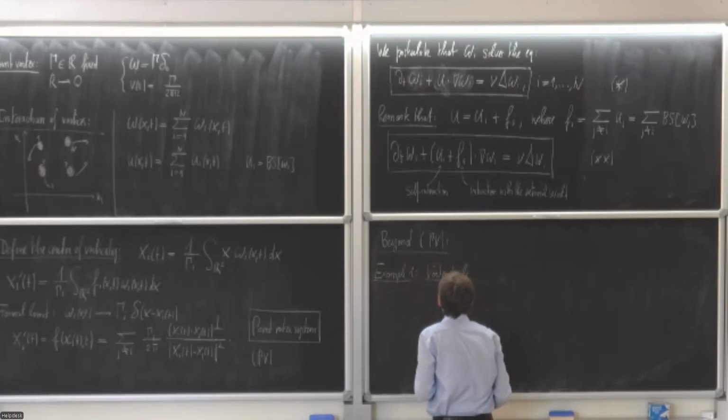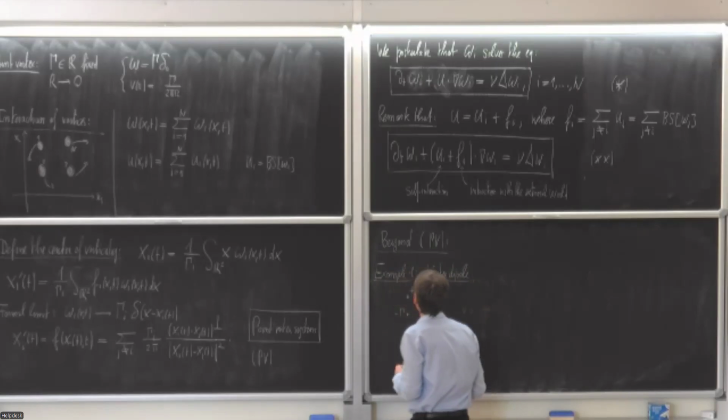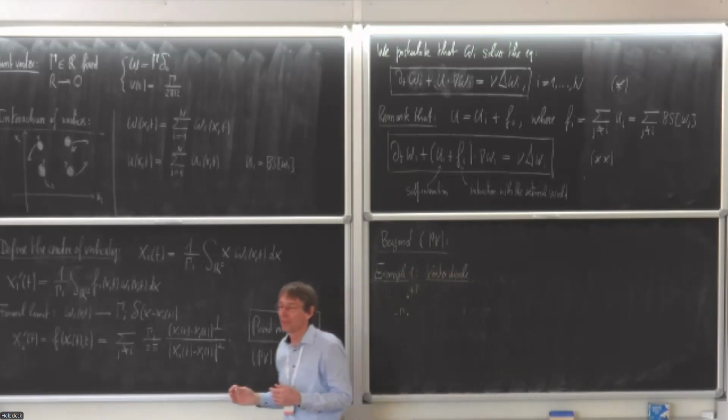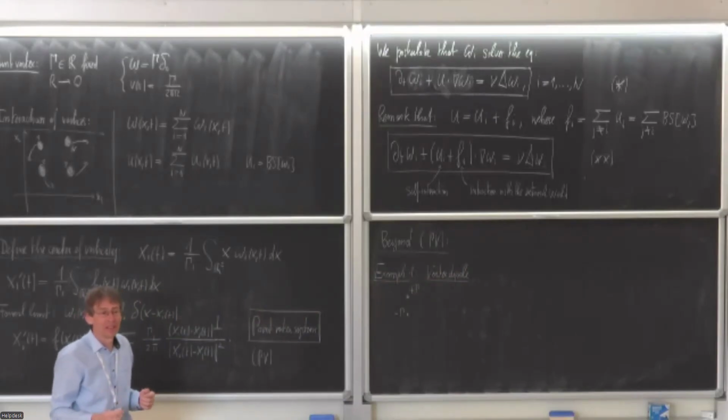A vortex dipole will be, for instance, a vortex with circulation plus gamma, and here minus gamma. I assume here that gamma is positive, otherwise I would not write it in this way. So a positive vortex and a negative vortex.